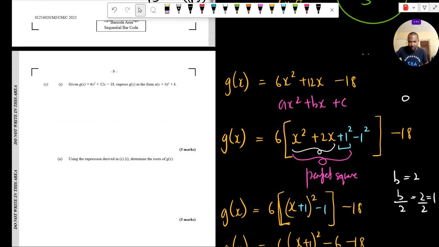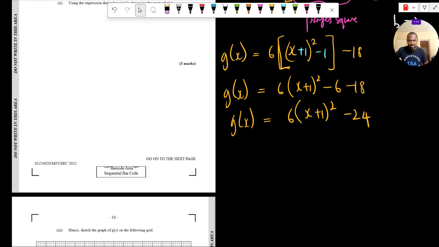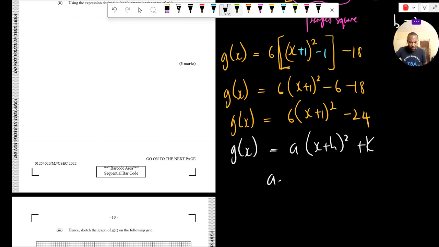We're told to express it in the form a times x plus h all squared plus k. So g of x is equal to a, open bracket, x plus h all squared plus k, where a is equal to 6, h is equal to 1, and k is equal to negative 24. Those are the values of a, h, and k.